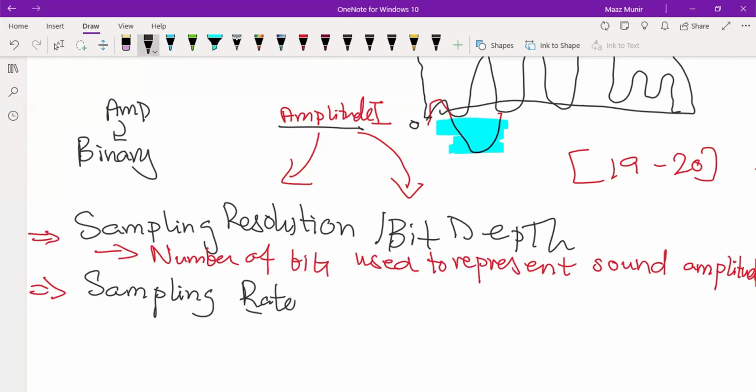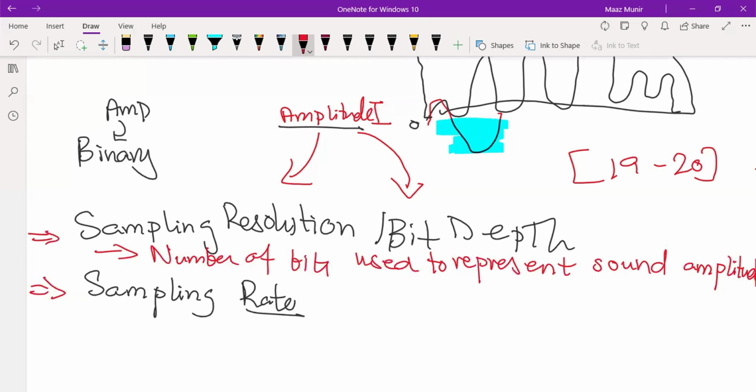But from rate, you guys should know that rate always refers to the number of times a thing has happened. Like the rate of, let's say, me completing the work would be completing 10 tasks in 1 hour. That's rate. So by rate, just remember that it is how many times a sound sample or something has taken place.